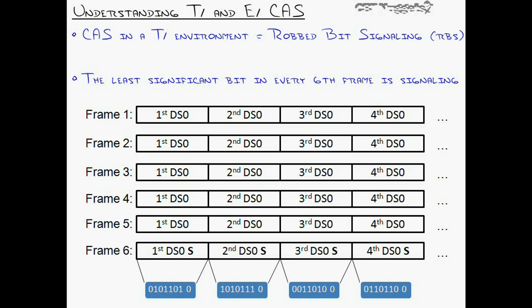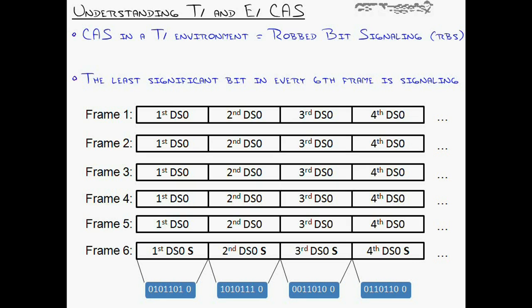Okay, yes, CAS is raw bit signaling. It steals bits. Okay, blah, whatever. Why do I need to know that? Well, you don't really in the data world. Okay, maybe if you really are interested, it'd be one of those Who Wants to Be a Millionaire questions, of how does CAS or CCS work. But really, you don't need to know it to set it up or to do anything like that. You just plug in your connections and type your command.